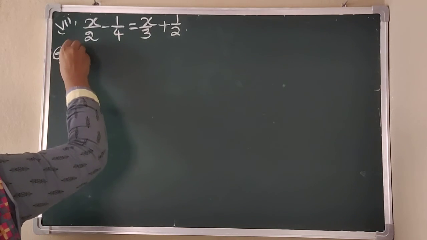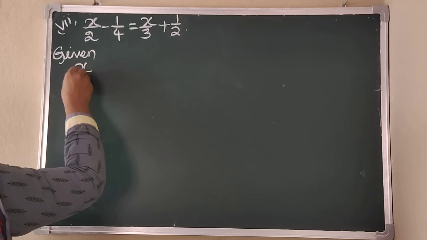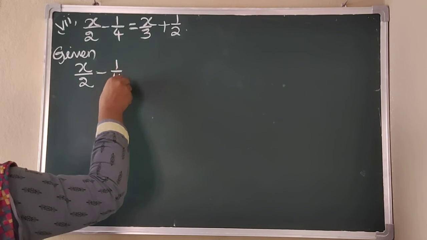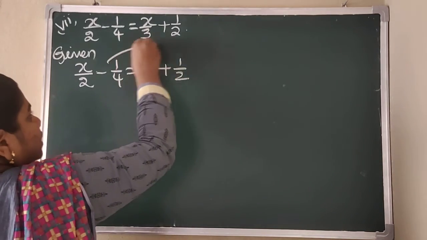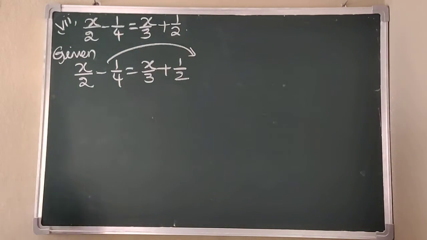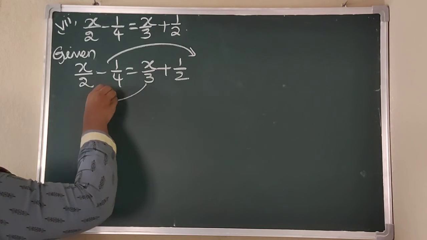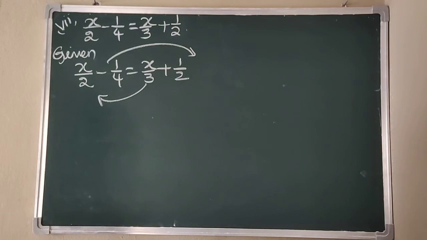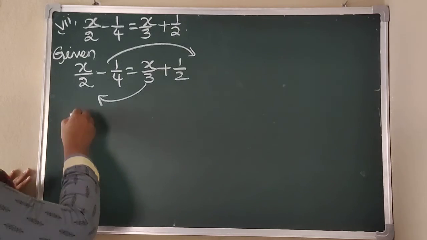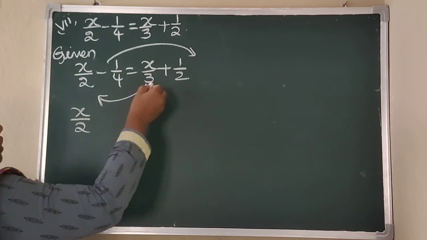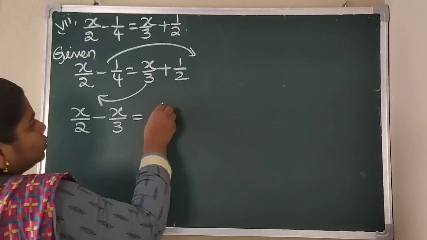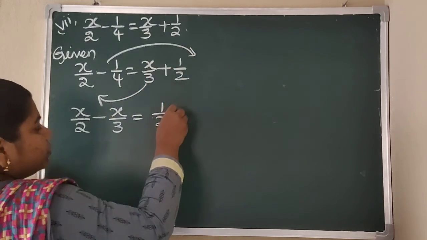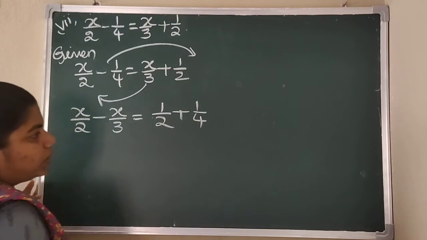So given x by 2 minus 1 by 4 is equal to x by 3 plus 1 by 2, transpose minus 1 by 4 to that side and transpose x by 3 to this side. So plus will become minus and minus will become plus. So x by 2 minus x by 3 is equal to 1 by 2 plus 1 by 4.